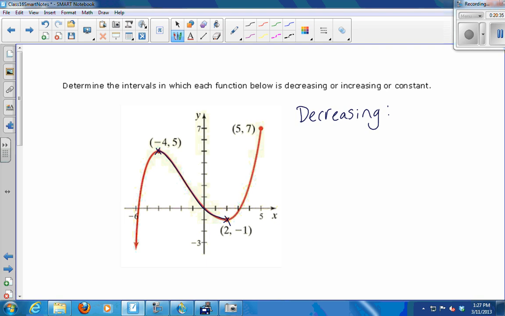So each x has one y associated with it. So I only have to give x values. So I would say it's decreasing from -4 to 2. I just give the x values from here to here.